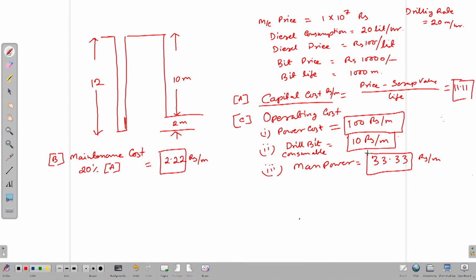Okay. So, now if we put it in a table, then we can see the capital cost ₹11.11, maintenance cost ₹2.22, and operating cost, that together is coming ₹143.33.